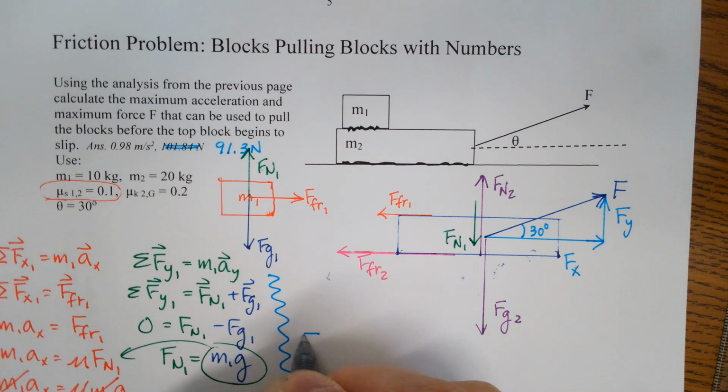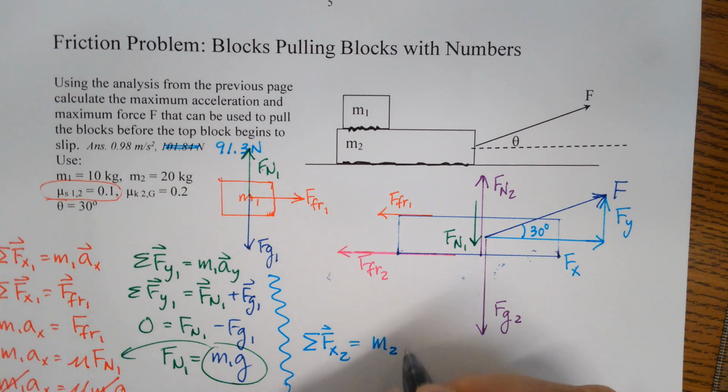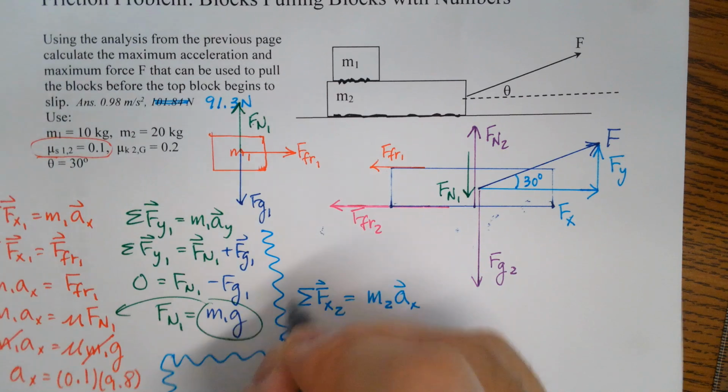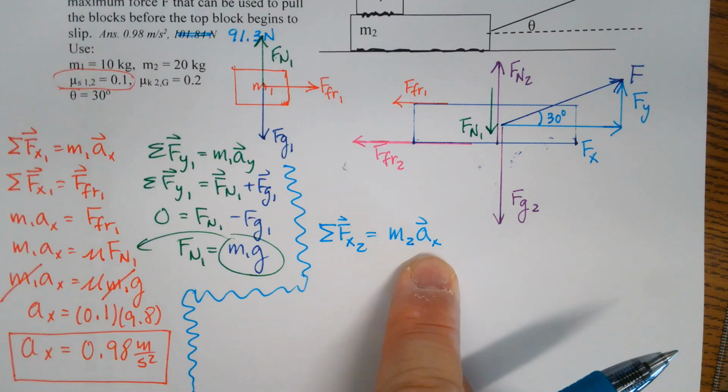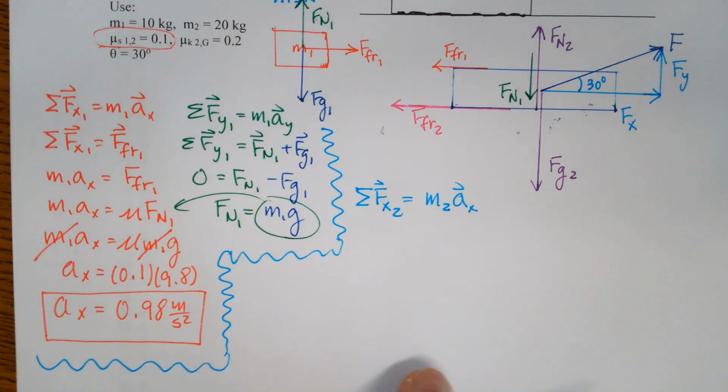So sum of all forces in the x direction for my mass 2 is equal to m2ax, okay? This ax is the exact same as this ax that we calculated because they're going to be moving together as one.